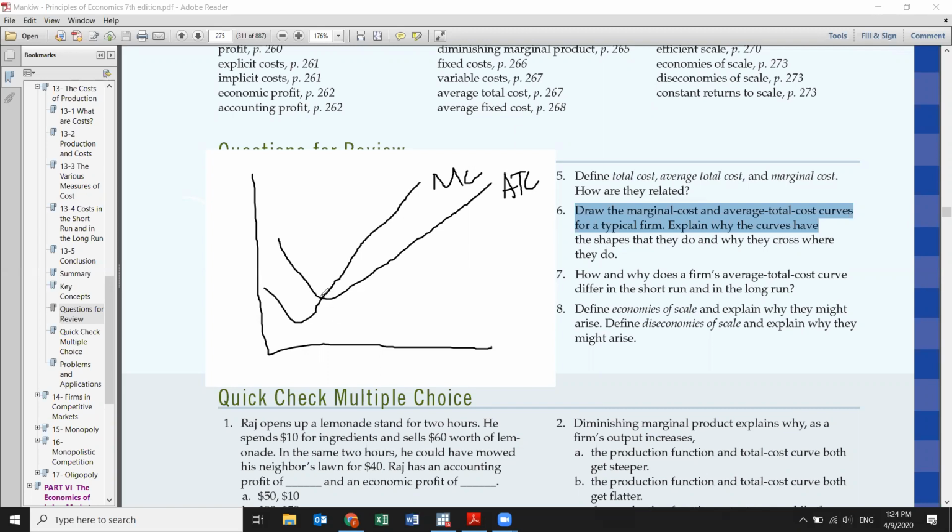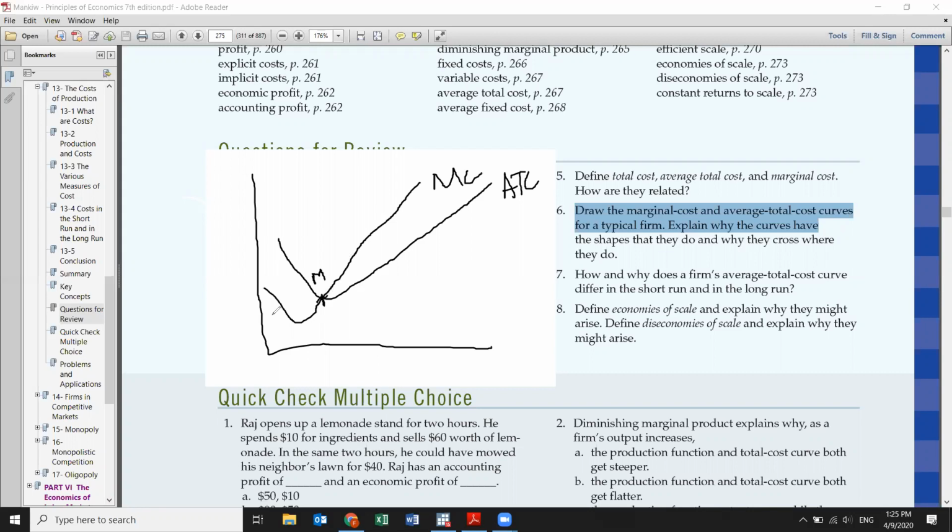The relationship is obvious, that we talked about already. The intersection at the minimum point, where marginal cost crosses the average total cost, just underlines the minimum point of the average total cost. This is where the average total cost is minimized, where the marginal cost is intersecting here.